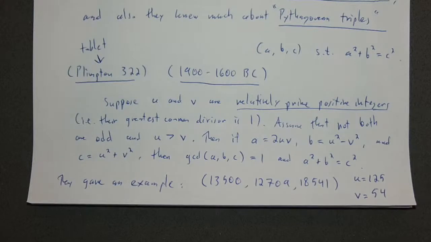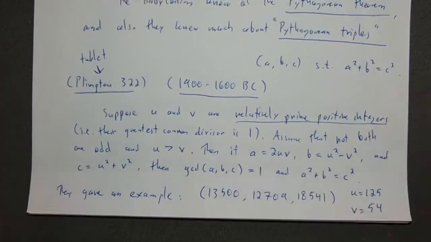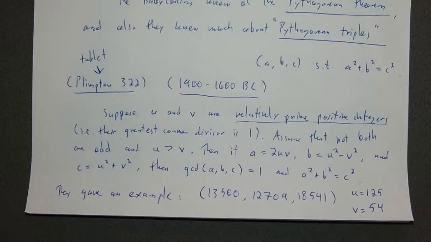The Babylonians probably knew this, but there's not too much direct evidence for that. This fact was known by a mathematician we'll talk about later, Diophantus of Alexandria, in 250 AD, so a little bit more than 2,000 years past this.